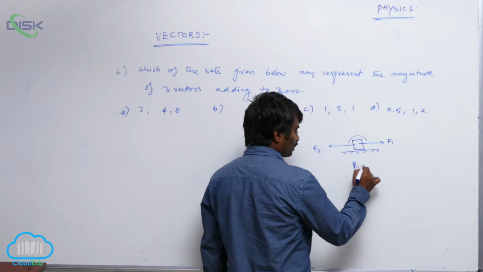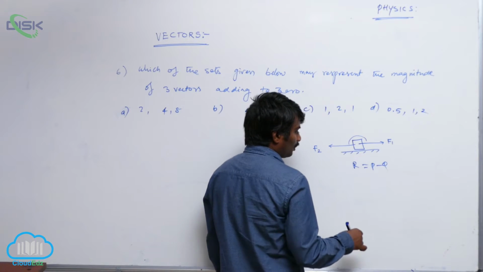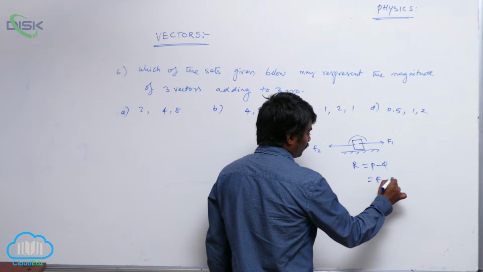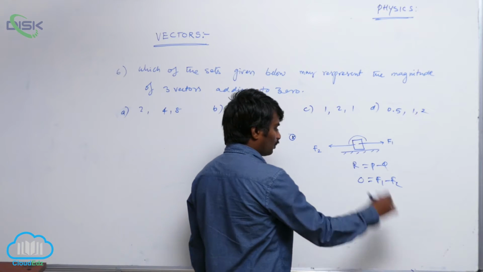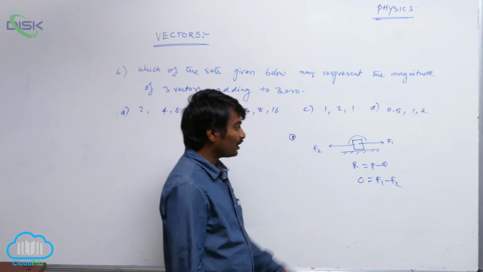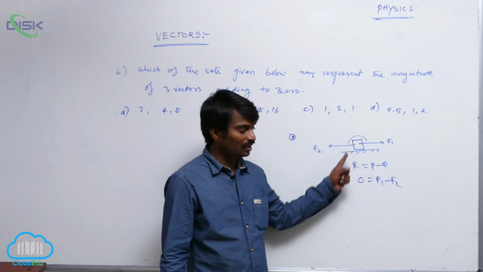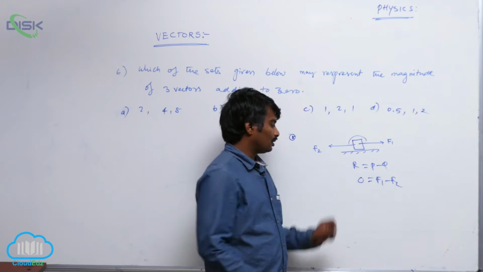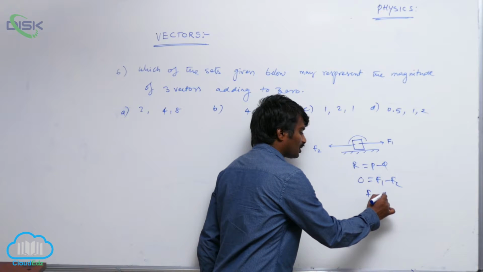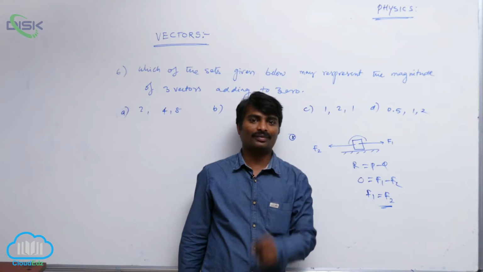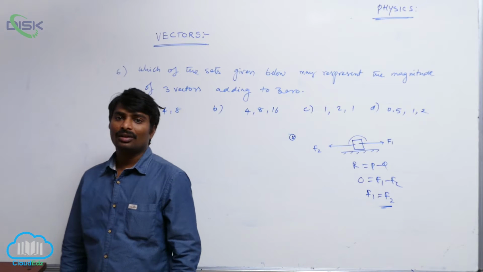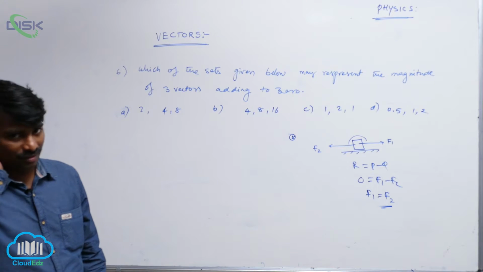So we know R is equal to P minus Q. That means F1 minus F2 or F2 minus F1, greater magnitude minus lesser magnitude. But what I am asking you is, to get the resultant 0, the two magnitudes must be equal and opposite in direction. Under that condition only you can keep the object in equilibrium position.